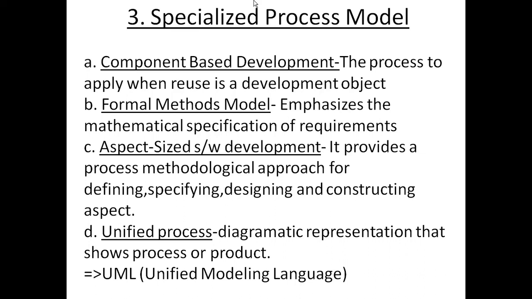These are known as UML diagrams, that is, Unified Modeling Language diagrams, which show us the actual working of our product or software, and the phases, processes, and components of the system in detail. All these steps are included in the specialized process model.